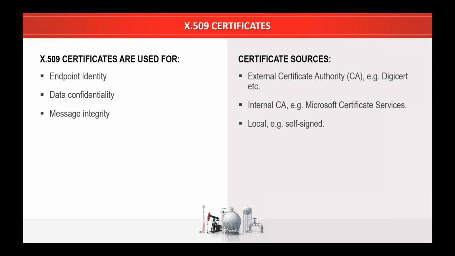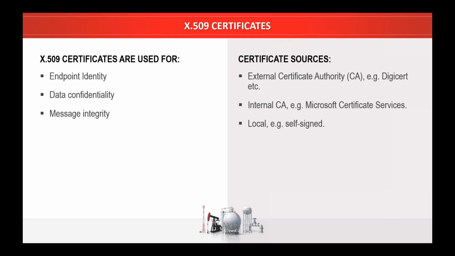You may well have in larger companies your own PKI, public key infrastructure, or certificate authority. So for instance, Microsoft have a certificate services feature that can be added to their servers that will be able to generate certificates. And those certificates are generally trusted within the enterprise. And then the last option is a locally generated certificate.